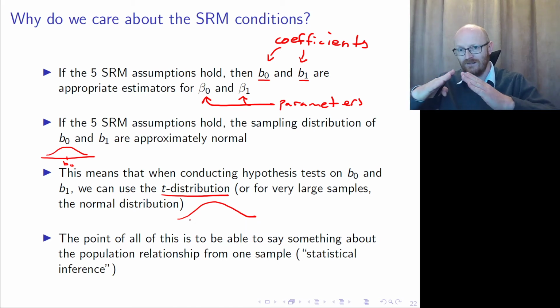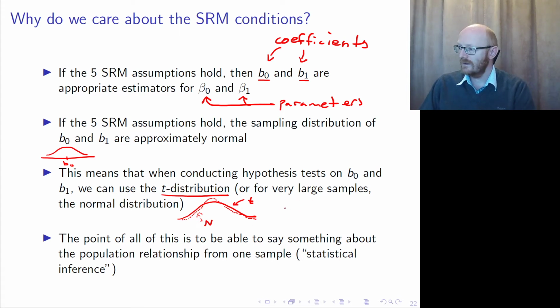Okay, there's more uncertainty in the t-distribution than the normal distribution. So for example, the normal distribution is this one, and the t-distribution.